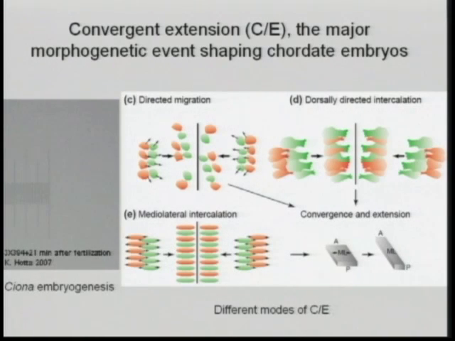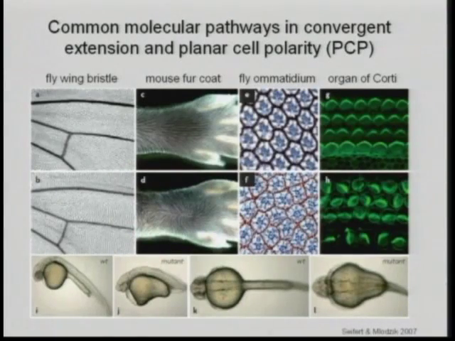So people have studied the molecular basis of convergent extension for quite some time. What they found is that convergent extension is closely related to another molecular process called planar cell polarity. Planar cell polarity is when you have an epithelial sheet of cells, and these cells all exhibit uniform polarity.